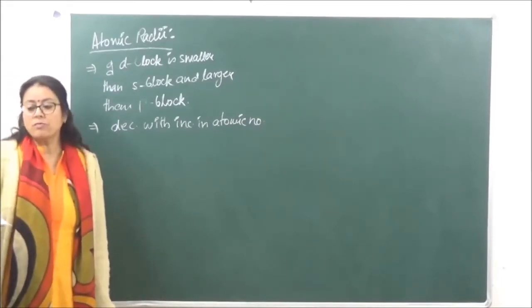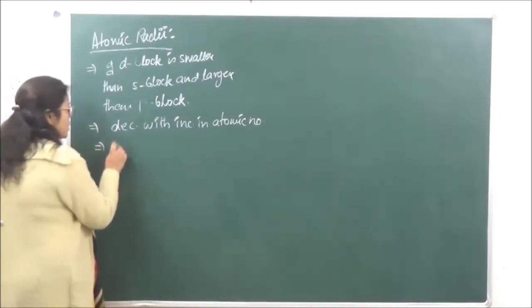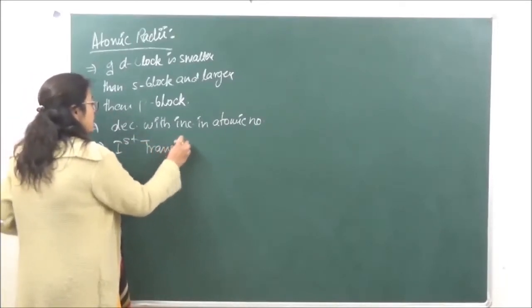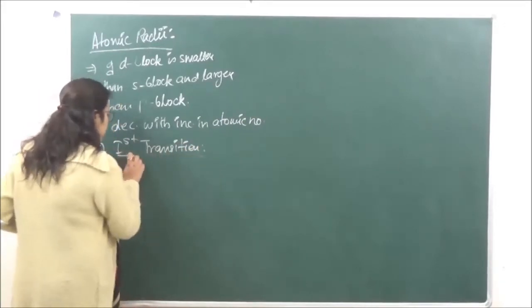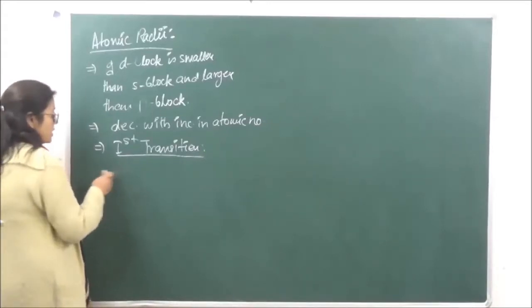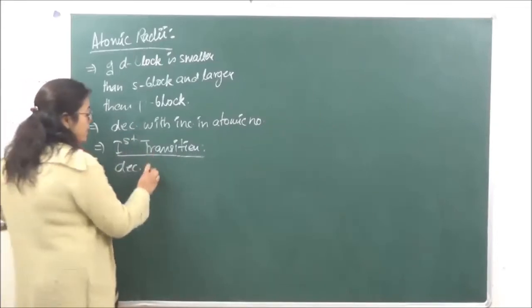So let's go on to the first transition series over here. When we are talking of first transition series, it is seen that the atomic radius decreases from scandium to chromium.